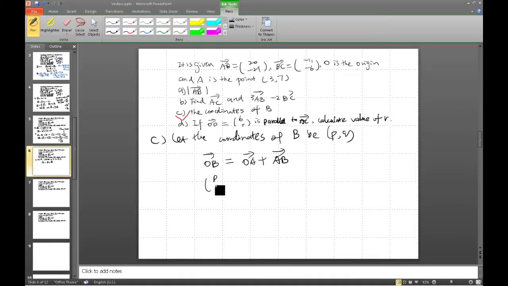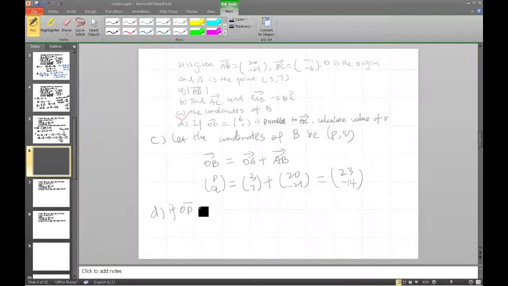So OB actually is equal to OA plus AB. So we have the column vector P over Q equals OA, which is also given 37, plus AB, which was found just now, or given 20 over minus 21. Therefore, we add them up, we get a column vector of 23 minus 14. Therefore, we have found the coordinates of B.